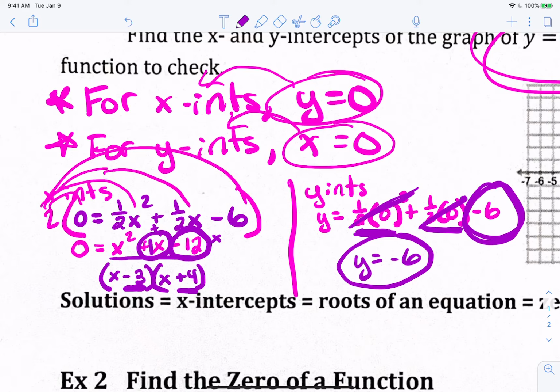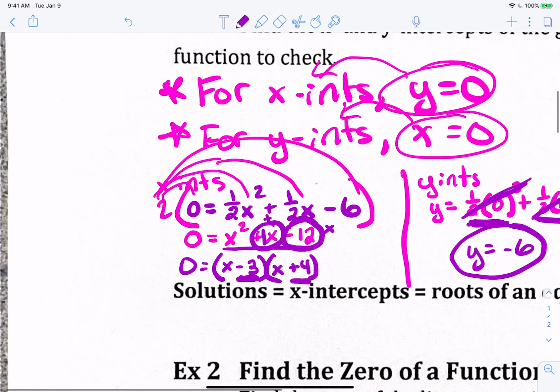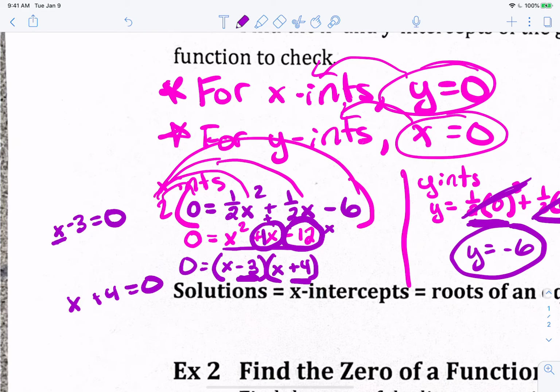Correct. Now that I have it broken down, I'm going to set both of those pieces equal to 0. So I say x minus 3 equals 0 and x plus 4 equals 0. Then I solve for x. If I'm trying to get x by itself, I would add the 3 over. So x is equal to 3. What will x be equal to for this one?